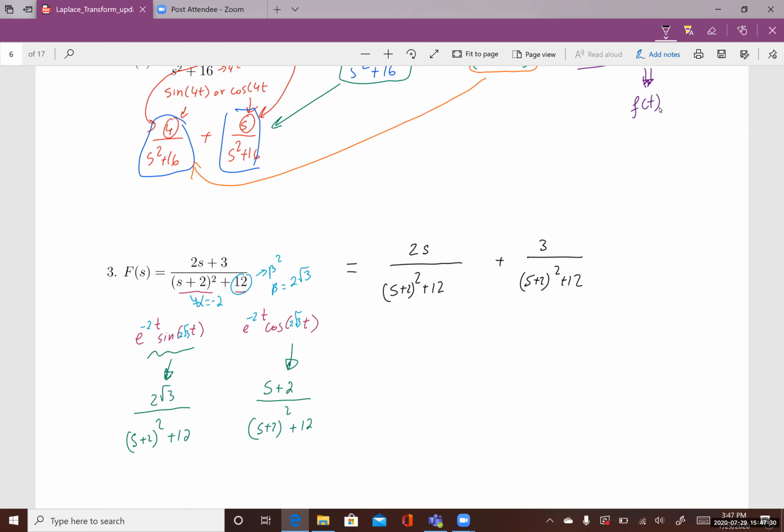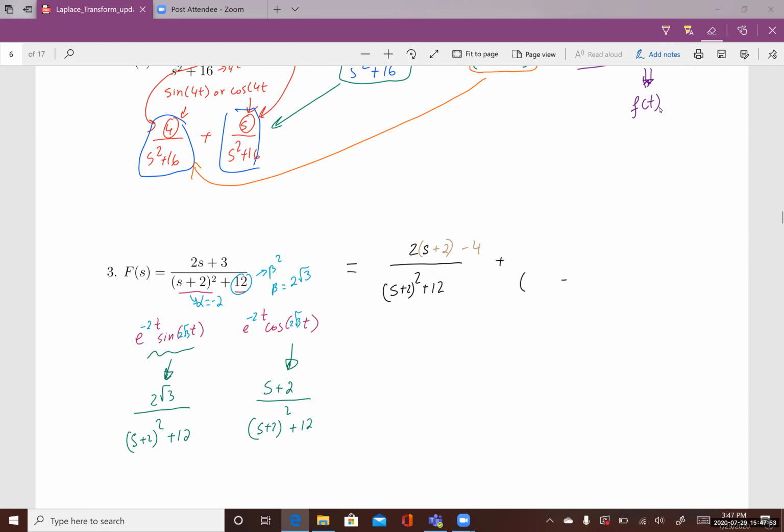And look, I need to have s plus 2, but I only have s here. So then I can put s plus 2 here. So I have 2 times s plus 2 plus 4, and I have 2 minus 4.